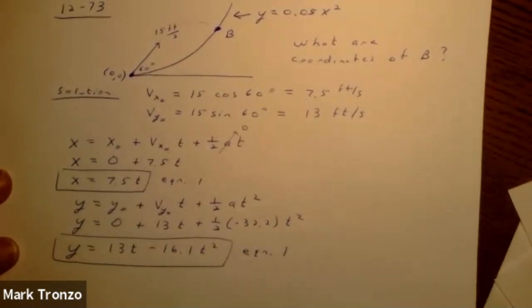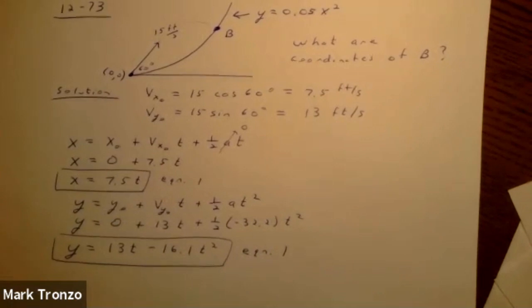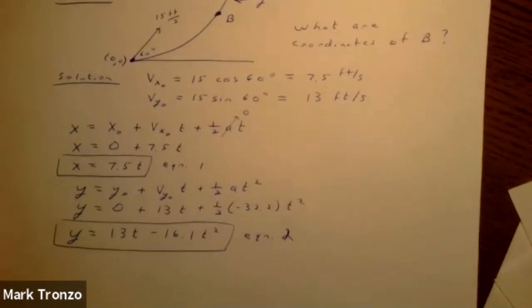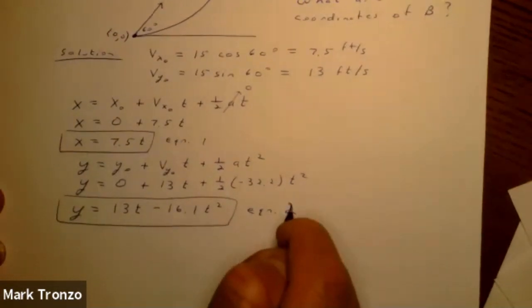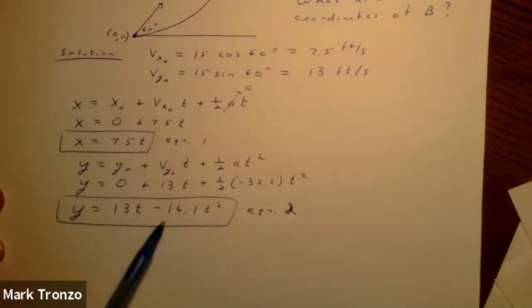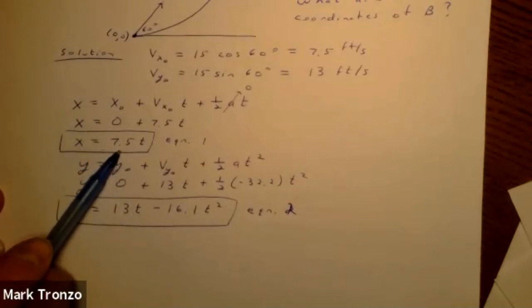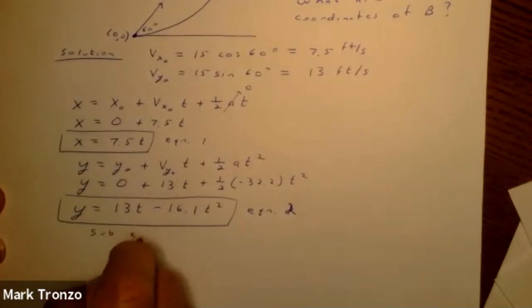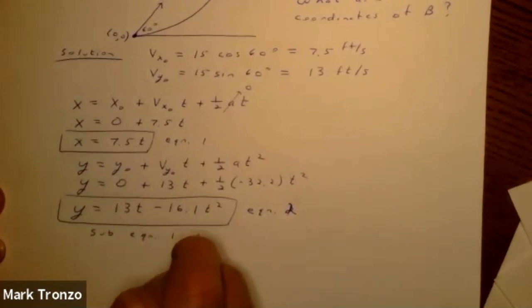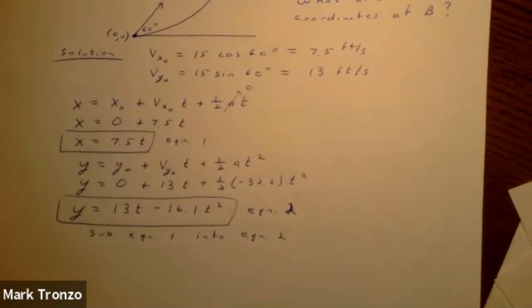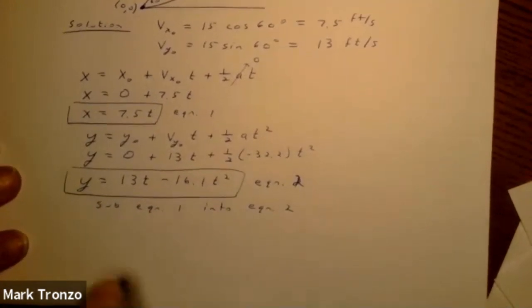And just like we did before, we want to substitute equation 1 into equation, oh, sorry, this will be equation 2. Let's substitute equation 1 into equation 2. Since this is in t's, we first have to solve equation 1 for t.